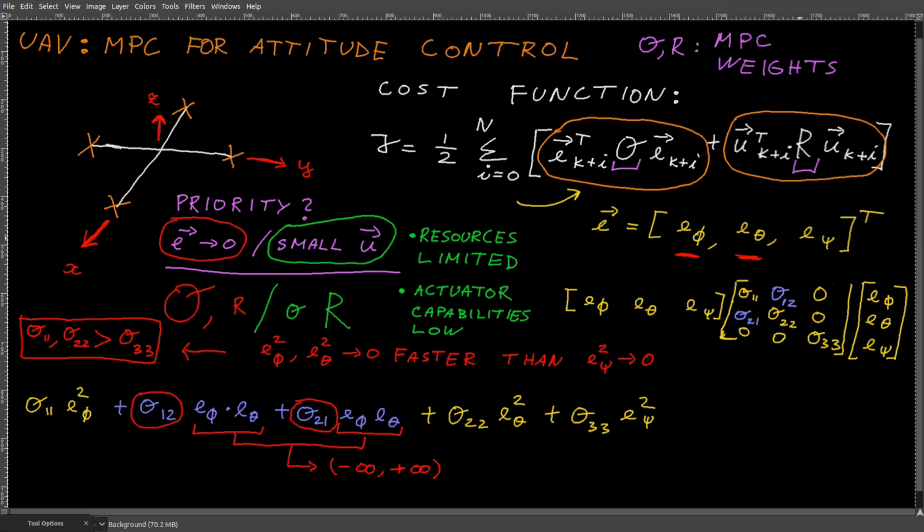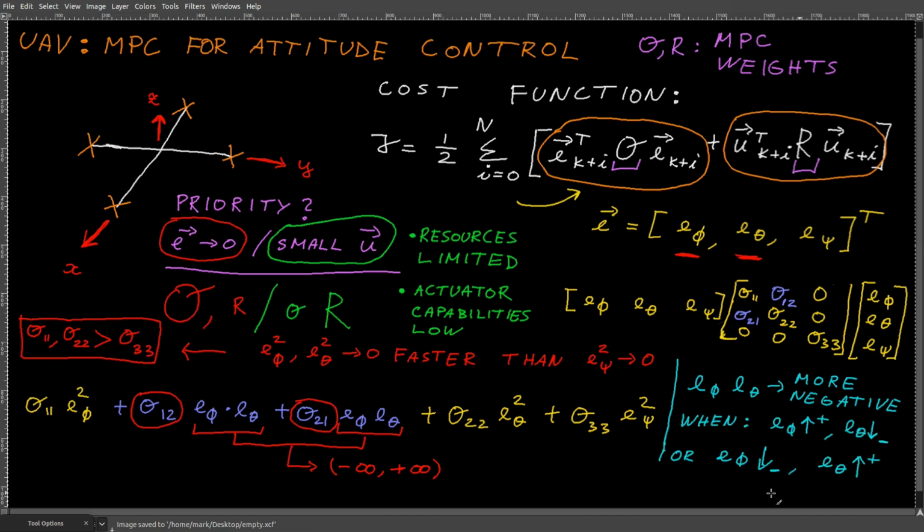Since stronger weights minimize terms more forcefully, the MPC algorithm will produce inputs that will make the term more negative. This term becomes more negative when one error becomes more positive and the other one more negative.